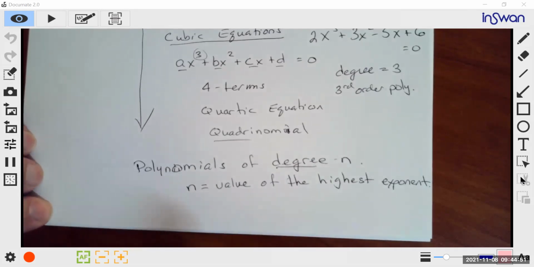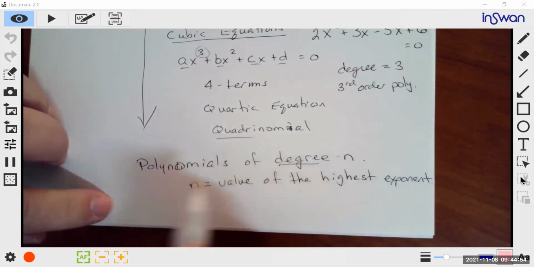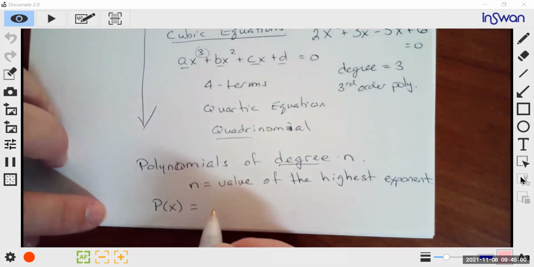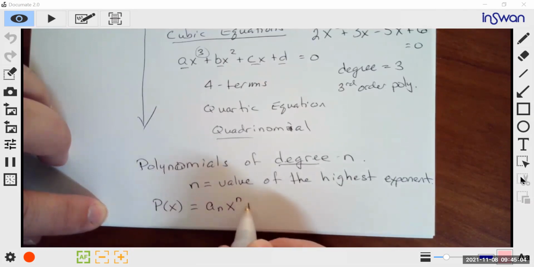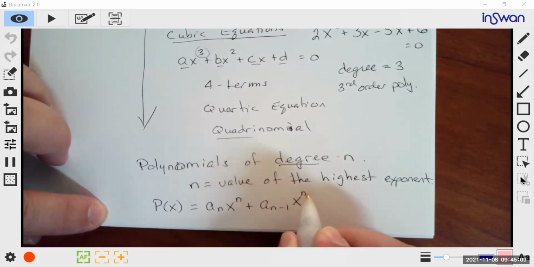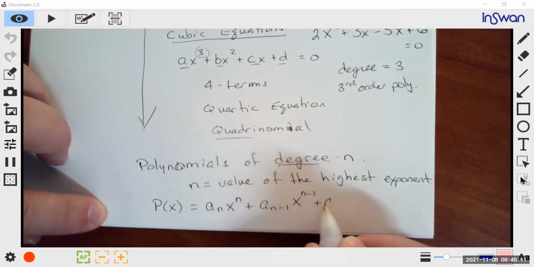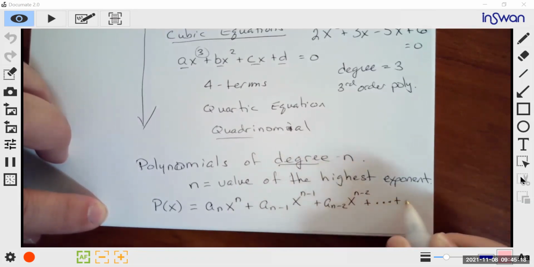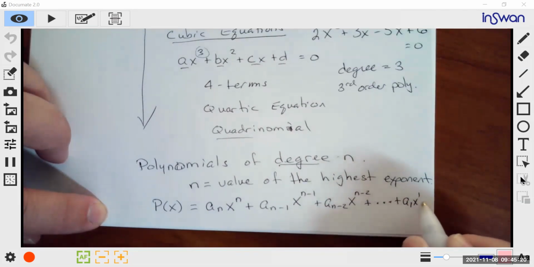So in general, a polynomial equation, polynomial function looks like this: a_n x^n, a_(n-1) x^(n-1), a_(n-2) x^(n-2), dot, dot, dot, a_1 x^1, plus a_0.